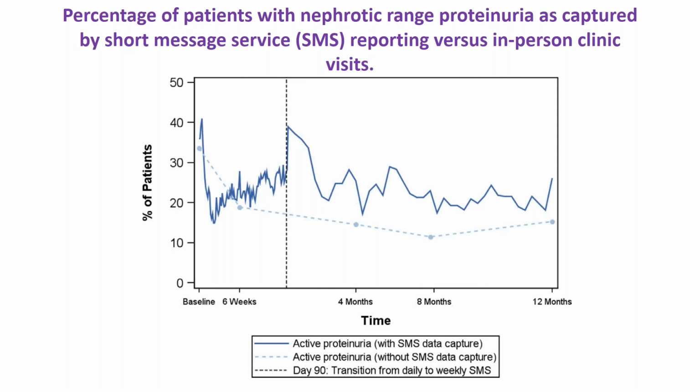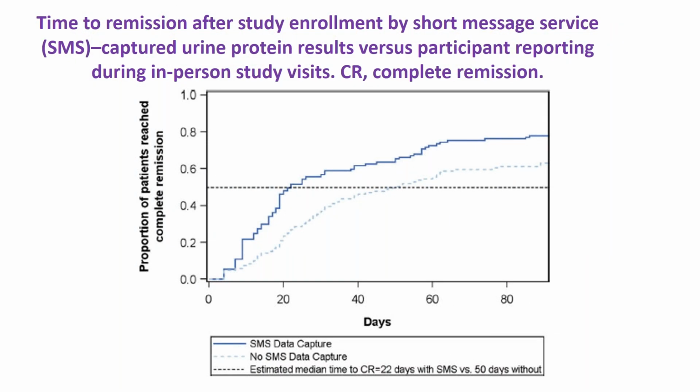Similarly, if we're looking at time to remission of proteinuria, of a nephrotic episode for the patient, if they're reporting more frequently, we should be able to identify that they're in remission much more quickly and accurately. Next slide, please. And sure enough, that's exactly what we found.